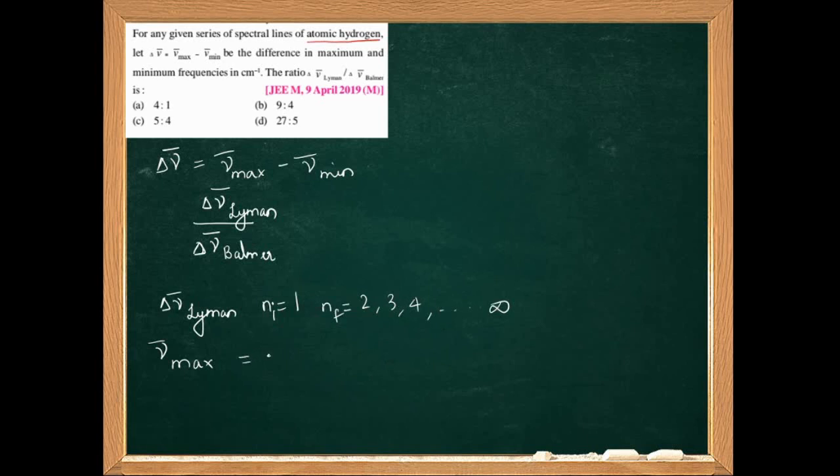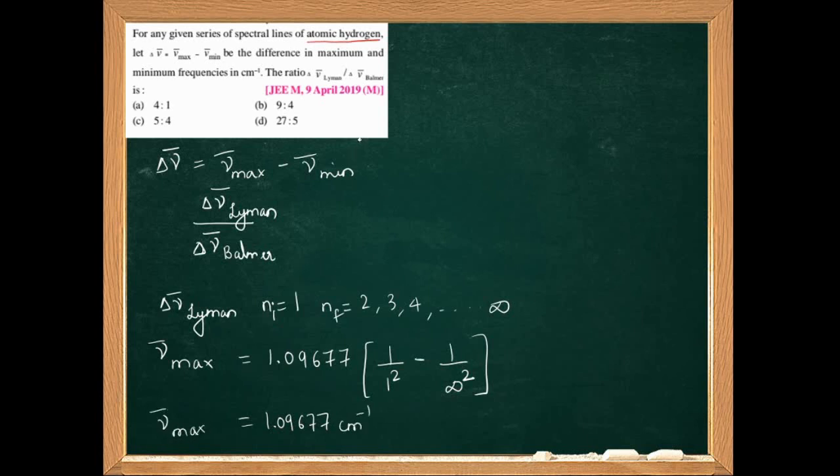In centimeter inverse, this is 1 upon 1 square minus 1 upon infinity square. 1 upon infinity is 0, so this will give us 1.09677 centimeter inverse. So this is the maximum for Lyman.